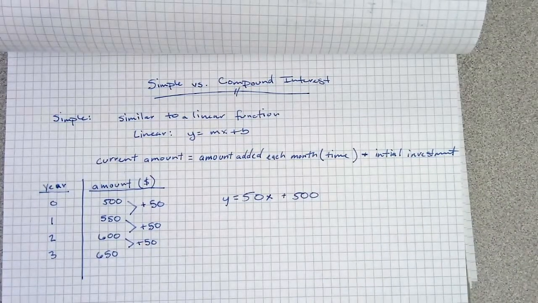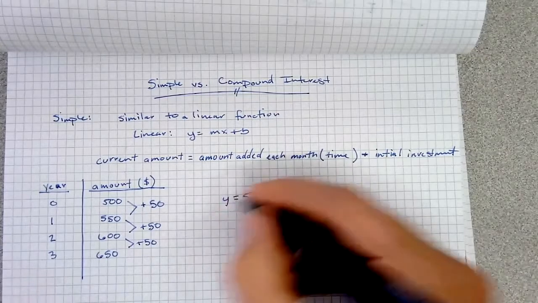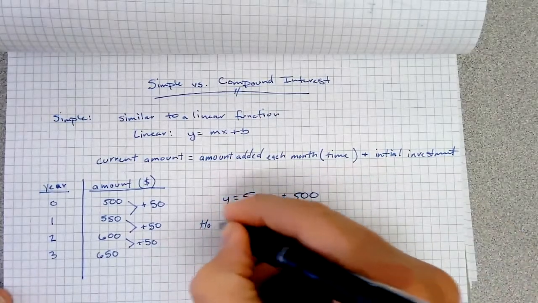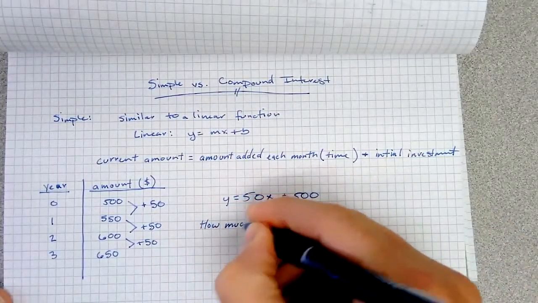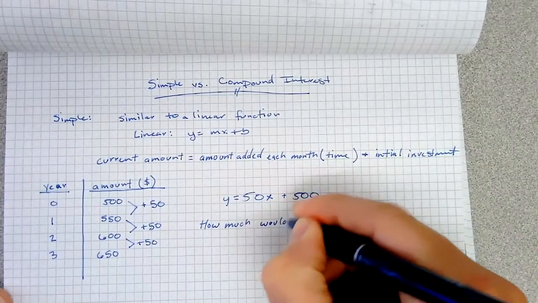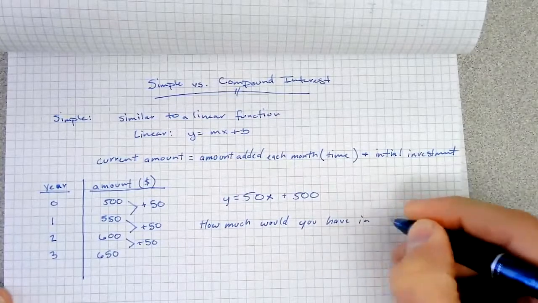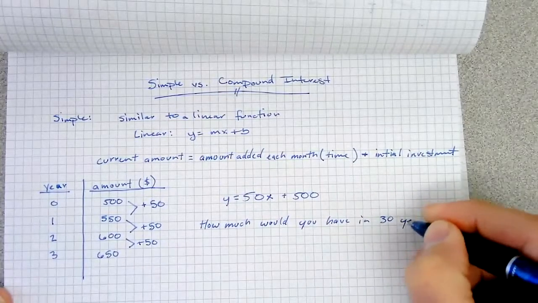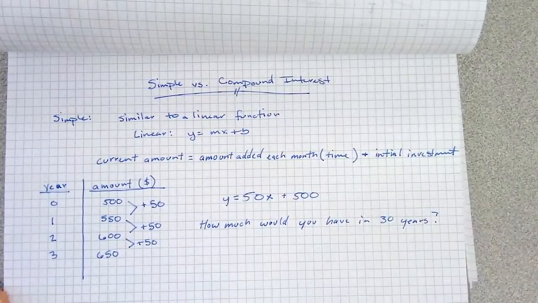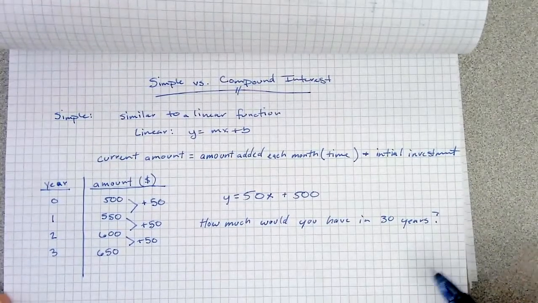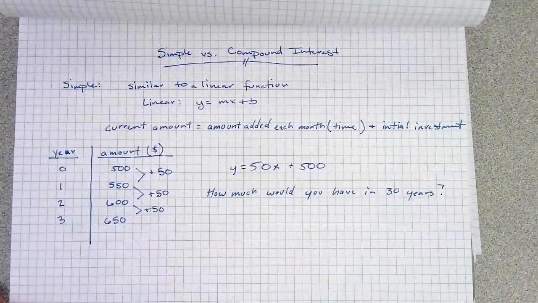So if you wanted to figure out how much you would have in, we'll say, 30 years. Obviously, you could just keep making a table and make it go on and on.